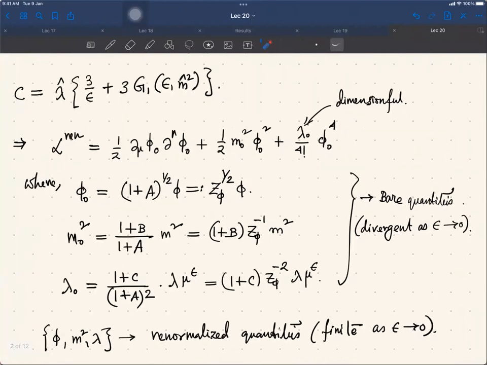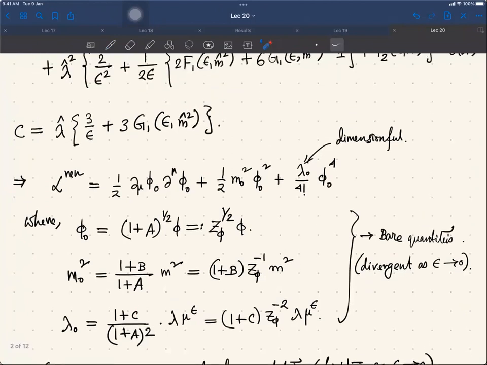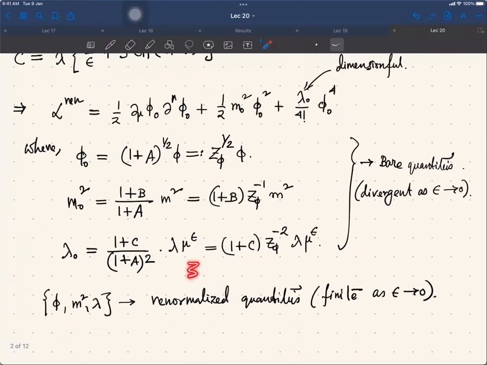The leading order contribution in A1 is coming from C multiplying 1, and C has 3 lambda hat over epsilon, and there is an overall factor lambda mu to the power epsilon. So this is 3 lambda hat over epsilon times mu to the power epsilon. That is the leading, that is the lambda square contribution in A1, right?